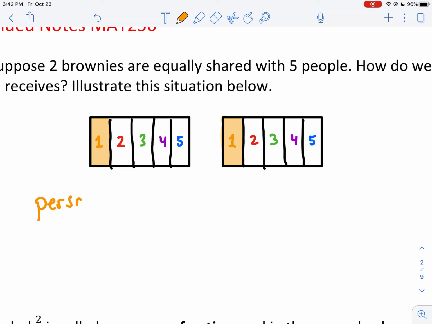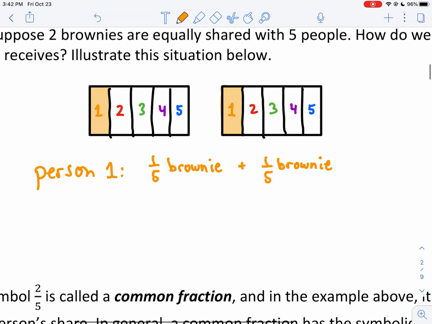Person 1 gets 1/5 of a brownie from the first brownie, plus another 1/5 of a brownie. Now, because we're adding something to itself, we can say that they're getting 2 1/5 brownies.